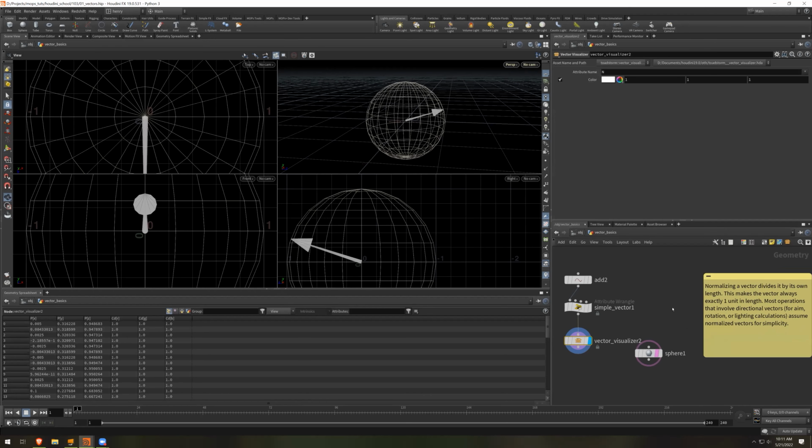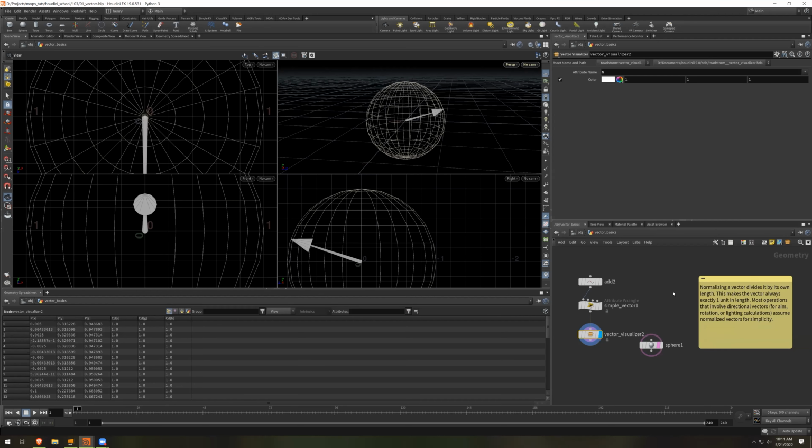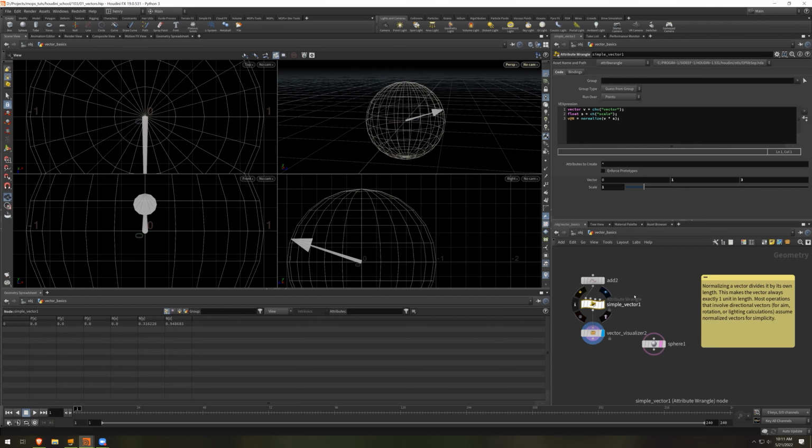Normalizing a vector is something that you hear a lot when you talk about normalized normals or a normalized velocity vector or whatever. All normalizing means is that you're dividing something by its own length. The reason why normalized vectors are so important is when you're dealing with things that involve direction rather than position in space.